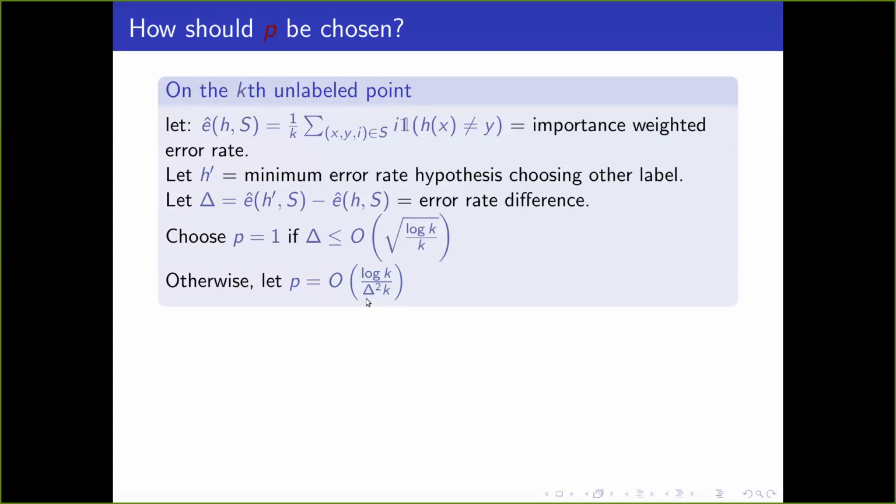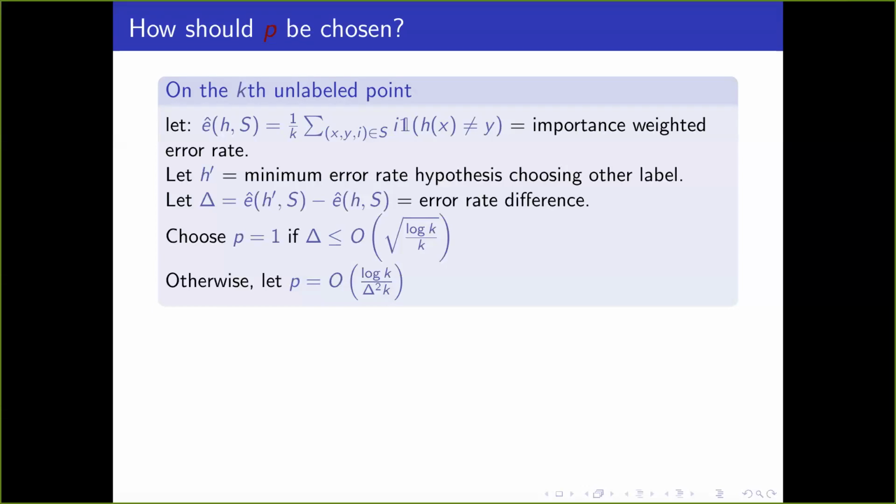So delta is the error rate difference. If delta is like a constant, then eventually the square root of log k over k will be larger than that constant, and you'll query with probability 1. So you want a delta which is actually growing to think about when you will not query.